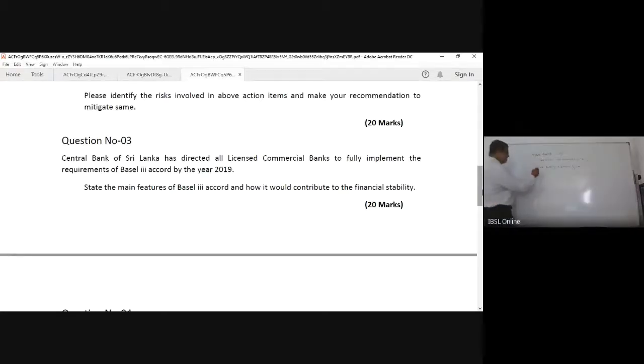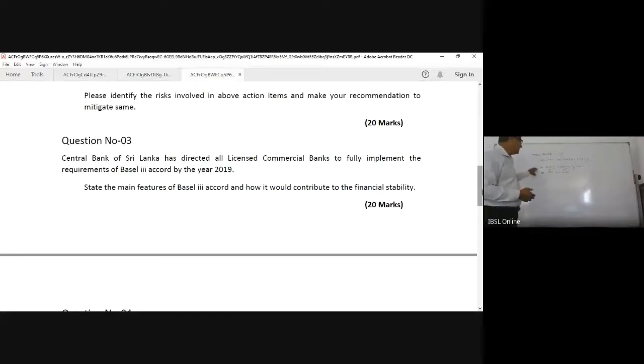In Sri Lanka, our CAR under Basel II was 10%. Here they are asking over a period under Basel III we increased to 14%. 14% for banks which have over 500 billion asset base, others 12.5%. So what they're asking here is to enhance the quality and quantity of capital.